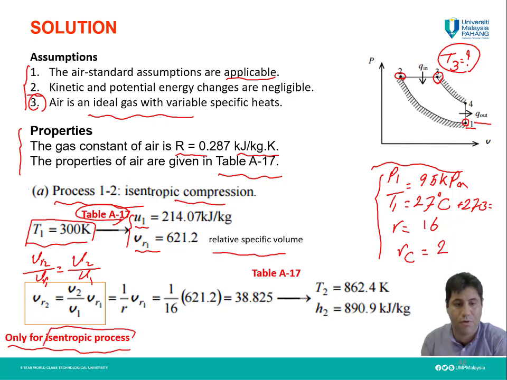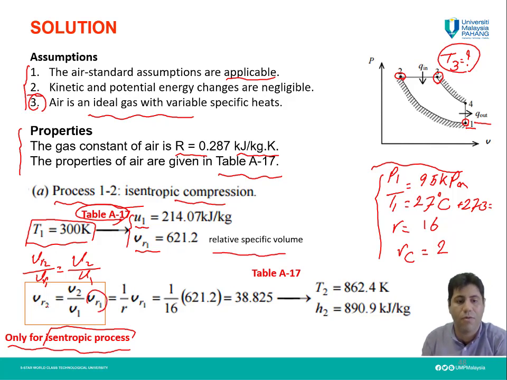This is important. VR2 equals V2 divided by V1 times VR1. So here we have VR1 from a table.